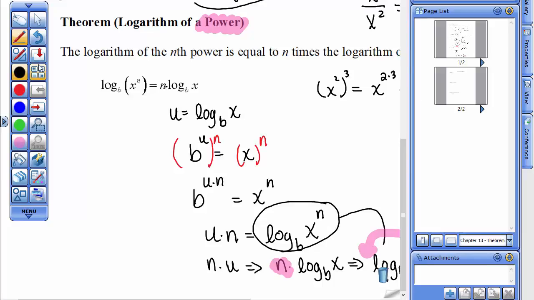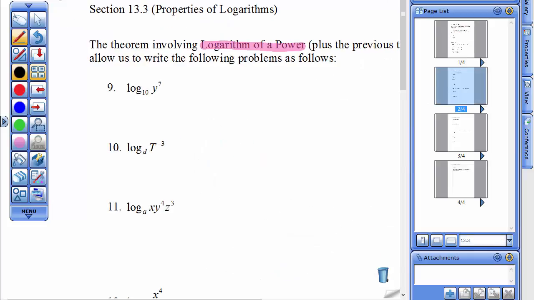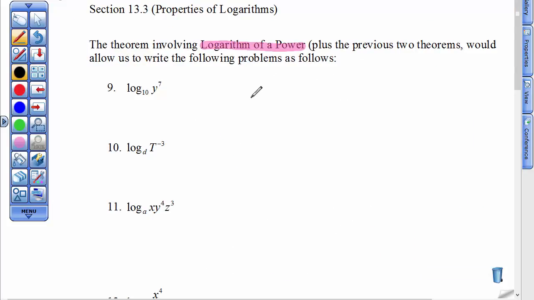So let's go back to this worksheet, and I ask you to use the theorem involving the logarithm of a power and the previous two theorems to write the following problems out. I am just asking you to take this 7 and bring it down in front and write it as a multiple.